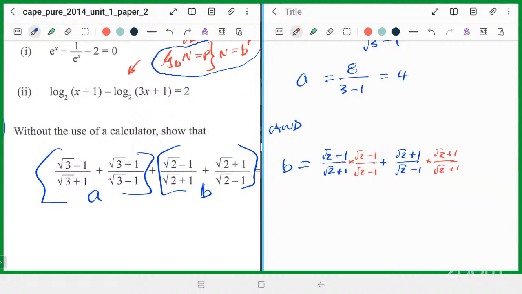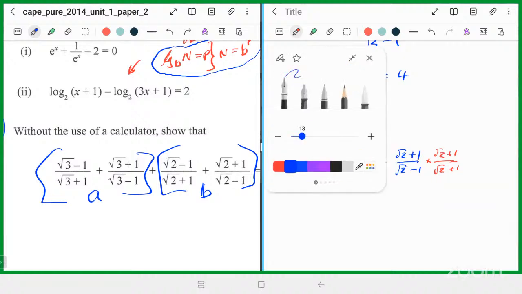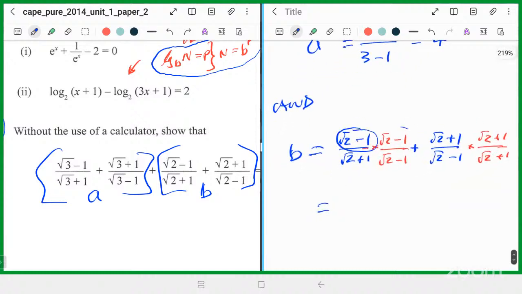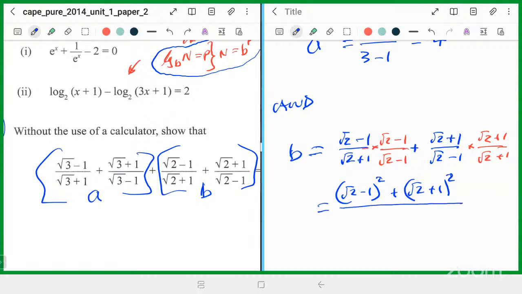So the numerator here becomes root 2 minus 1 squared plus root 2 plus 1 squared, over this times that, which is root 2 minus 1 times root 2 plus 1.